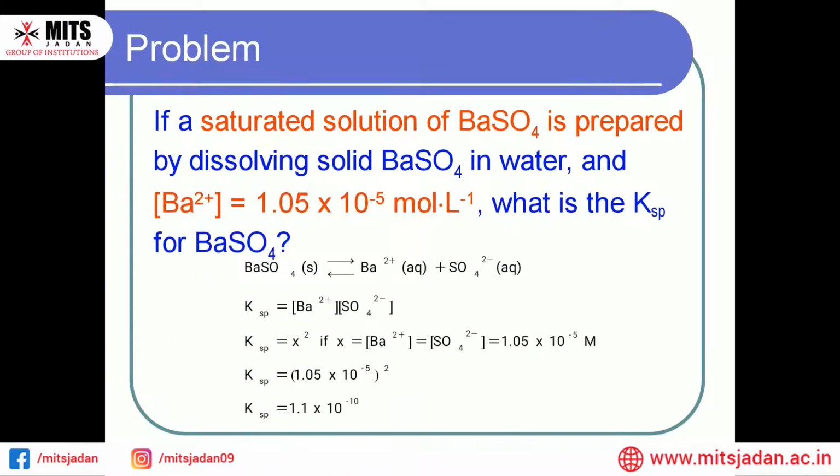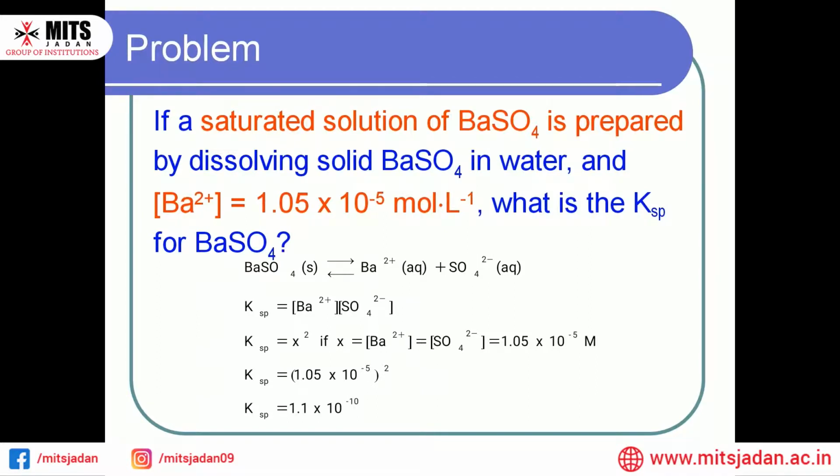Barium sulfate is a sparingly soluble salt, and at equilibrium condition it dissociates to give a barium ion and a sulfate ion in the aqueous solution, and the value of KSP as per the definition is equal to the product of the concentrations of the barium ion and sulfate ion.